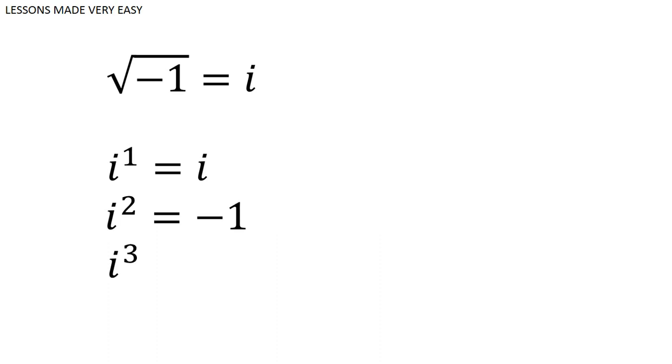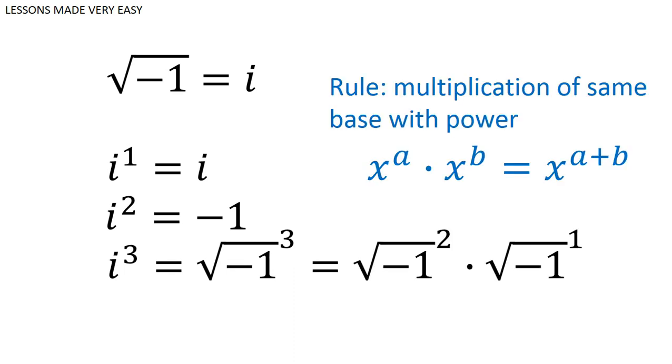Then i to the power of 3 is equal to the square root of negative 1 to the power of 3. But there's a rule: multiplication of the same base with powers will lead us to a plus b.